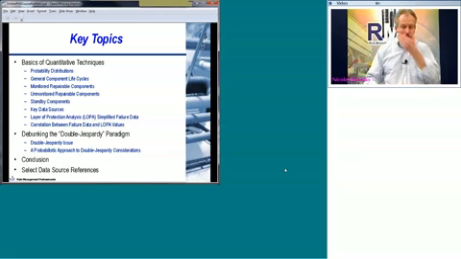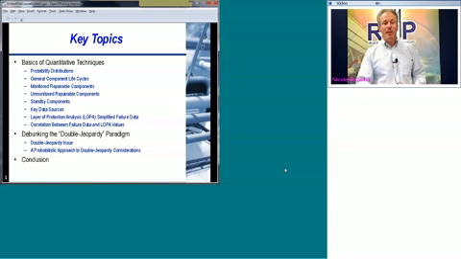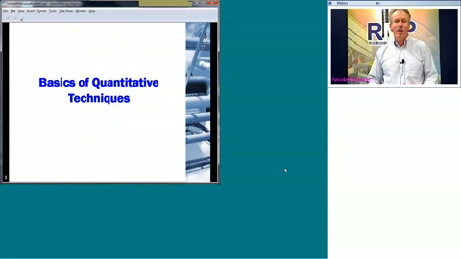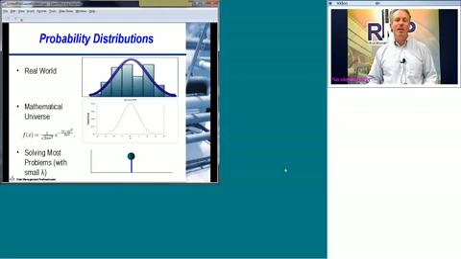So let's talk about some basic techniques. The top figure on the right-hand side of the screen is the real world. You know, different types of equipment. You can buy the same device from the same manufacturer at the same time. One's going to last longer than the other. One's going to be problematic, the other one's not.